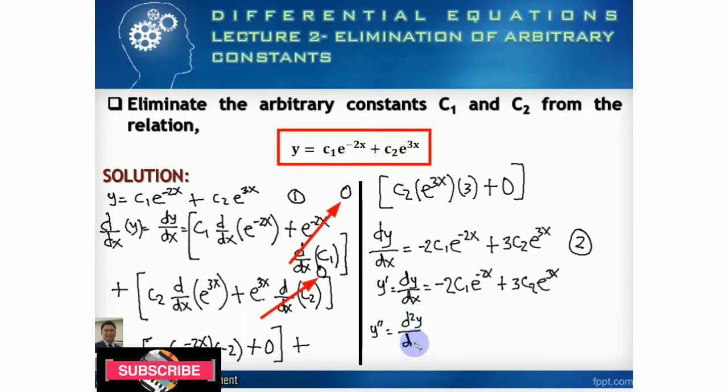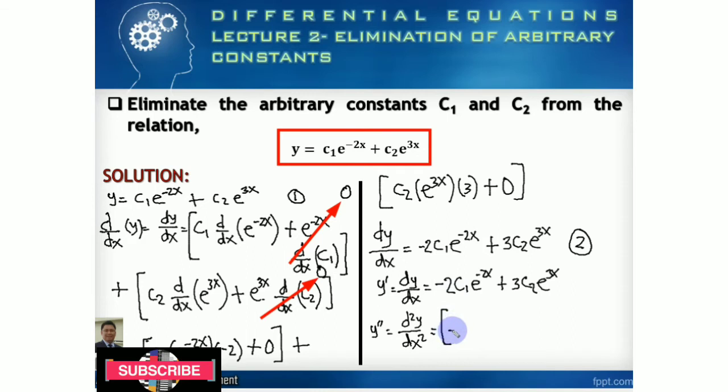So our constant here is negative 2c1, and our variable here is e raised to the power of negative 2x. So same for the second term, our constant here is 3c2, and then our variable is e raised to the power of 3x. So again, we will have now this second derivative.